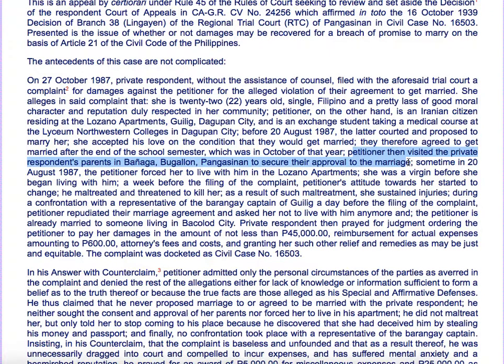Pumunta yung exchange student sa bahay ng babae, ng Pinay, to secure their approval for marriage. Alright. Sometime in August 1987, the petitioner, si Gashem Shukat, forced her to live in the Lozano apartments. Okay.